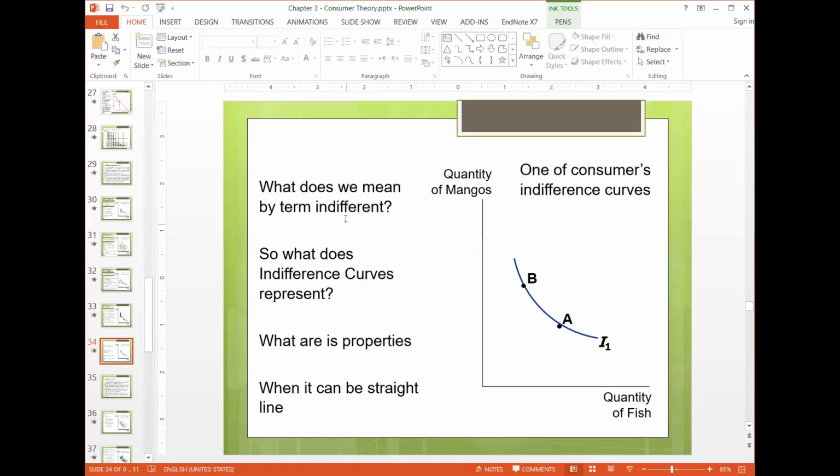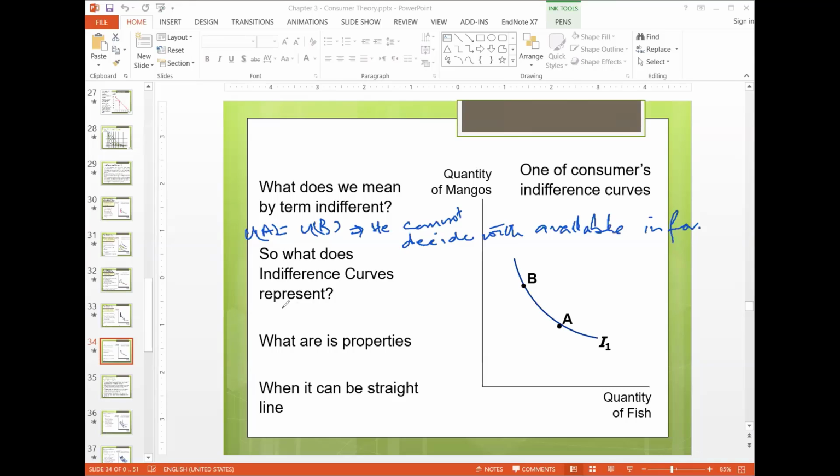Indifferent means that utility from A is equal to utility from B. So he cannot decide with available information which bundle he should get, A or B, because it looks like they have equal distance.